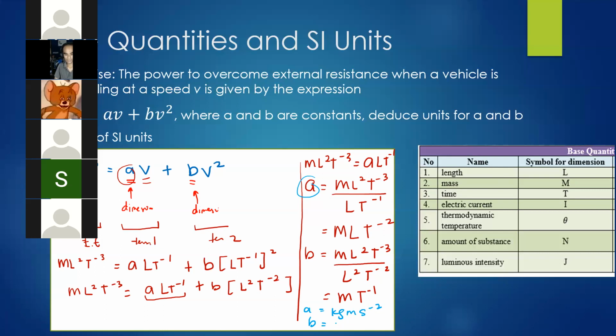For B, kg second negative 1. Okay, correct. Good job. So this will be the dimension for A and the dimension for B.